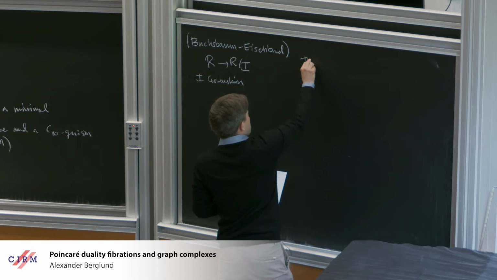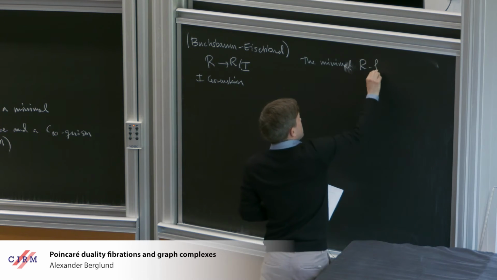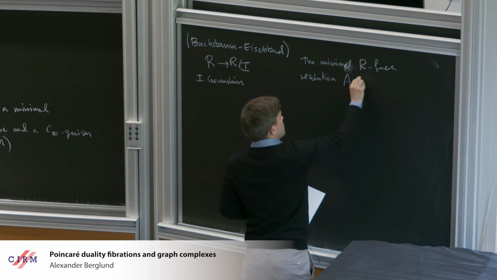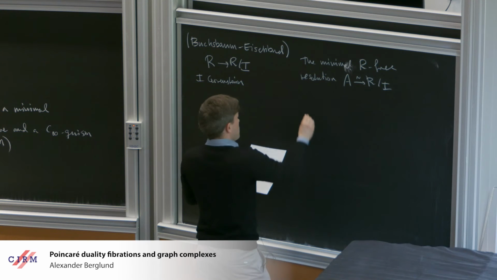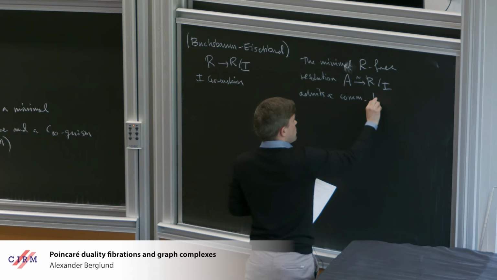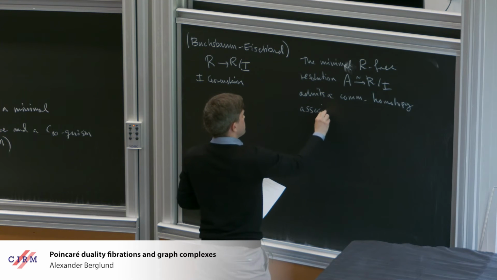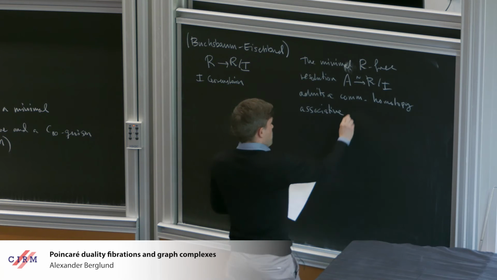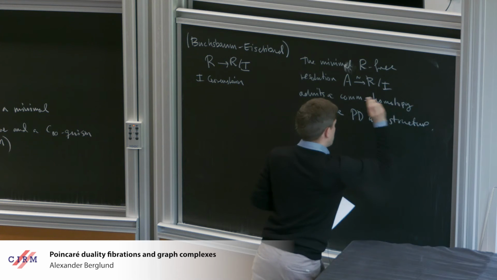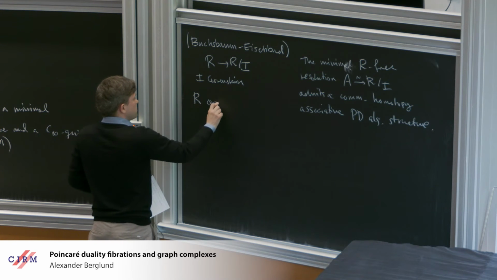So this says that the minimal R-free resolution A of R mod I admits a commutative and homotopy associative Poincaré duality algebra structure. Okay? So R here is ordinary.